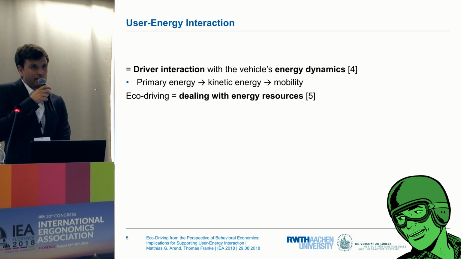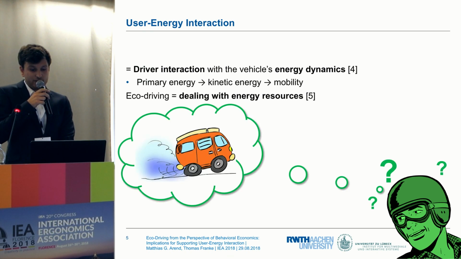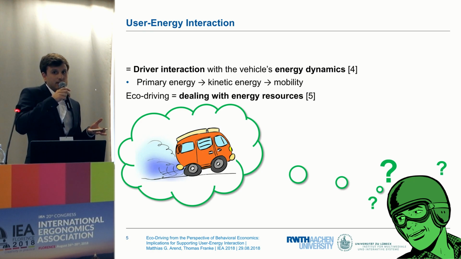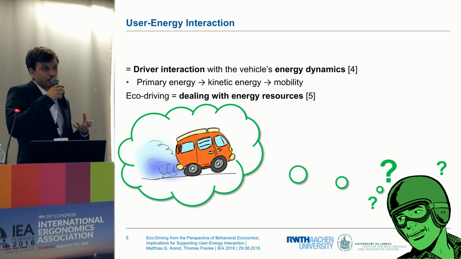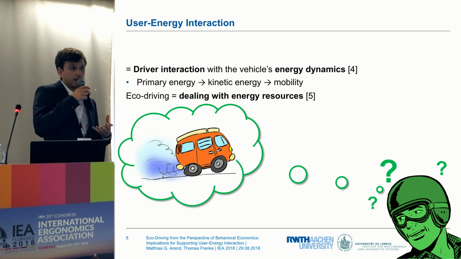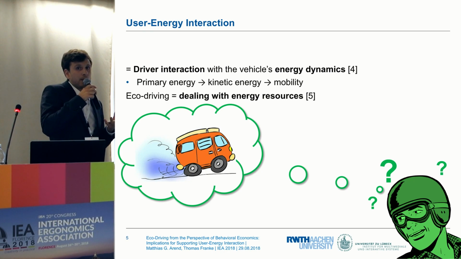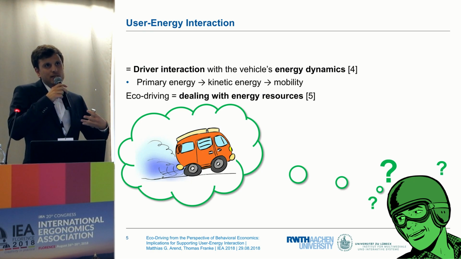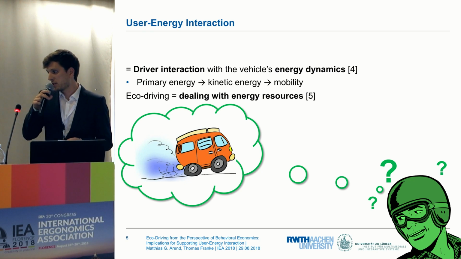Our eco-driver might have some difficulties now because the whole thing becomes quite complex, and he might face different questions. For example, acceleration is converting fuel or electric energy into kinetic energy, with the goal of accelerating the vehicle, converting as energy efficiently as possible.